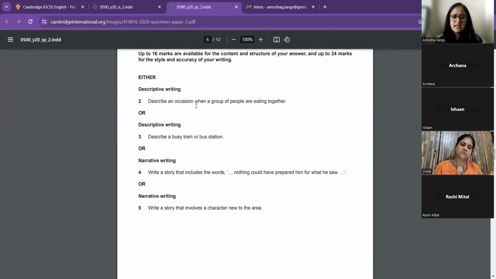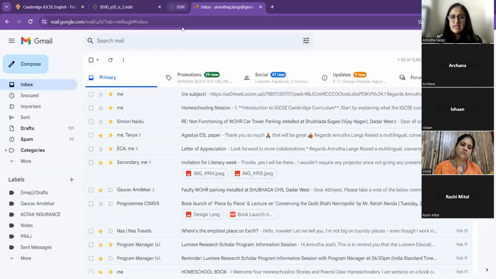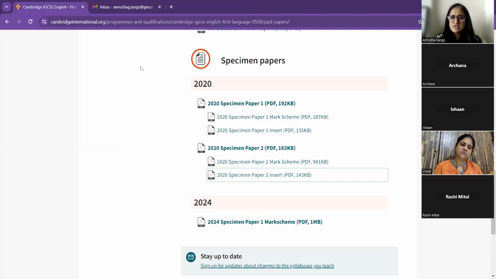They'll give you something like an occasion when a group of people are eating together. Just read the topics. Describe a busy train or bus station. And when you talk about descriptive or narrative writing, there are typical styles or formats, and you will find all of this available online. So there's no need to worry.